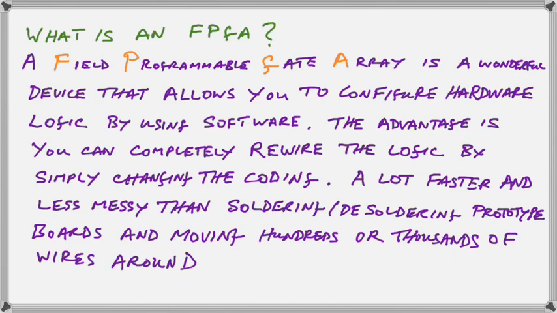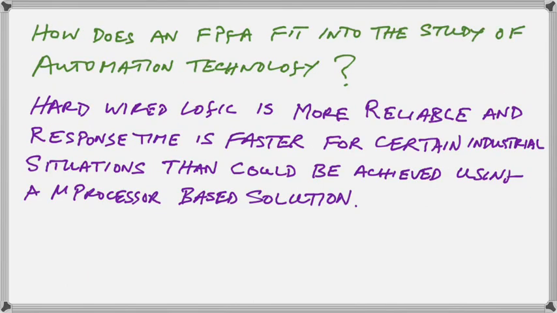But why do we want to use hardware logic at all if we have microprocessors? Well, an FPGA fits into the scheme of automation technology because hardwired logic is typically more reliable and the response time is faster than a microprocessor system in certain key applications.